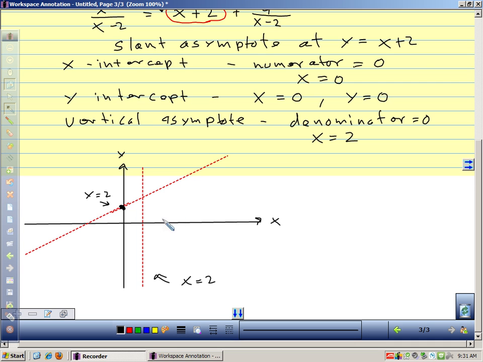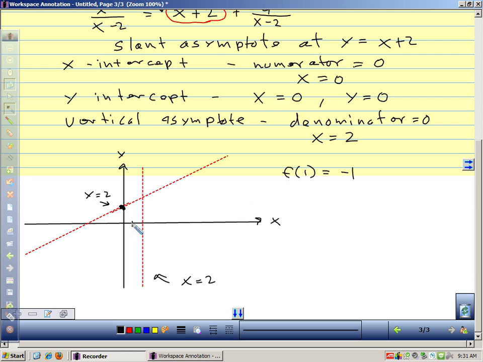So what we need to figure out, if this is x equals 2, is whether our function is up here or down here when x is bigger than 2. So let's plug in f of, let's figure out where our function is when x is 1. If we calculate f of 1 and plug 1 in, we get that my function is -1.